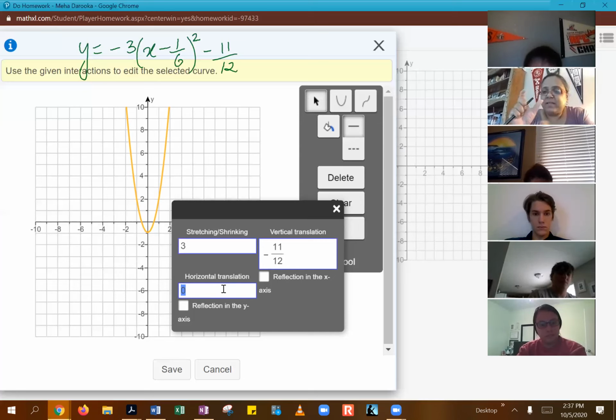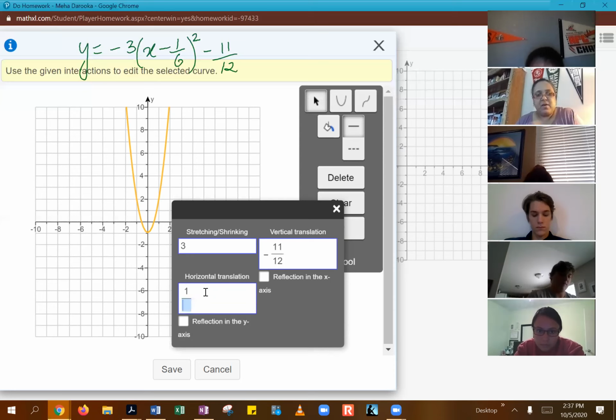Since you have in the parentheses x minus h, we think of h as being a positive value. So when you're saying x minus 1/6, that means the number itself is actually positive. If you had x plus 1/6, that means the 1/6 would be negative. So with the h value, we always go with the opposite sign. Again, we will have positive 1/6 in our box over here.